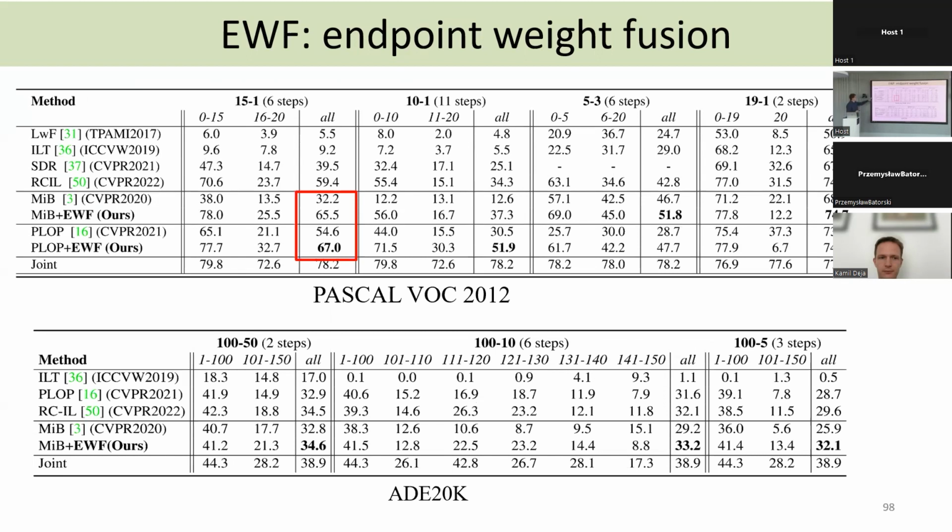And you can plug it into some of the existing methods. MIB is maybe the most known incremental semantic segmentation method. And you see it can get a really immense increase in performance. It jumps from 32 to 65 by just doing something as simple as averaging the weights of an expert network and the previous network.